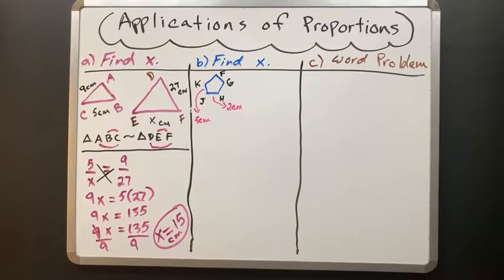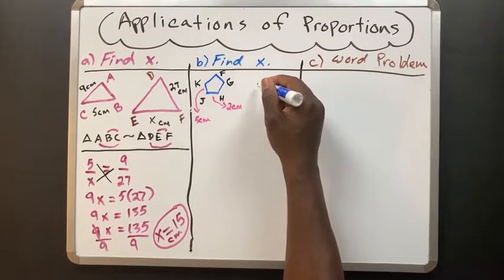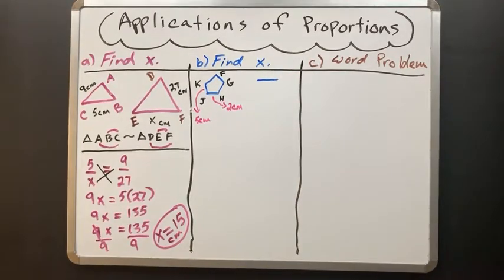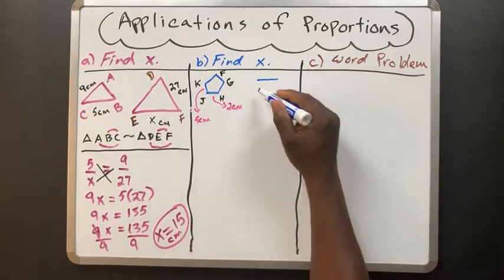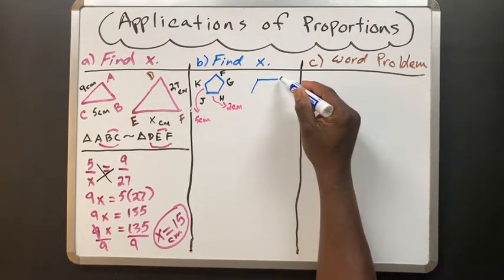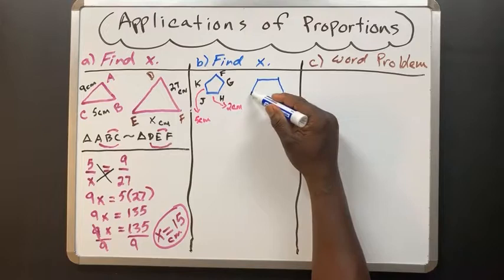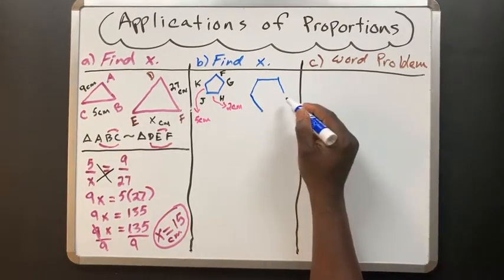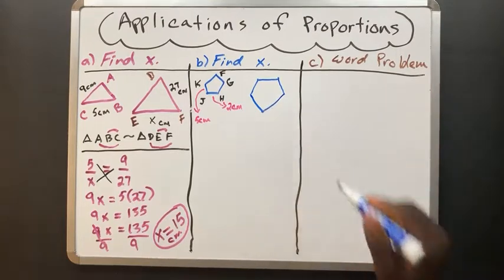All right. Now let's sketch the larger pentagon. And it's going to be upside down. So they do that just to have you think a little more critically. And then we'll come down to a point, a 5-sided figure.